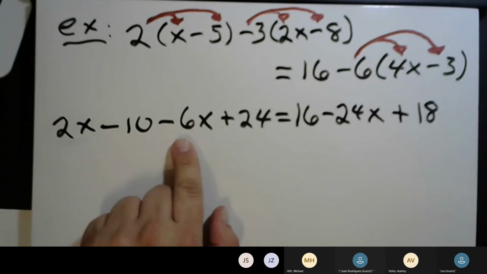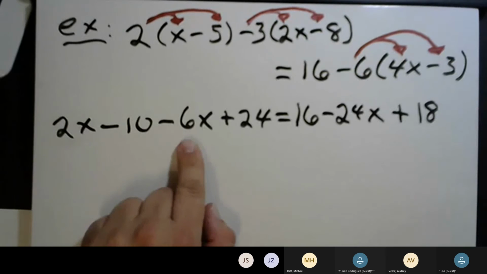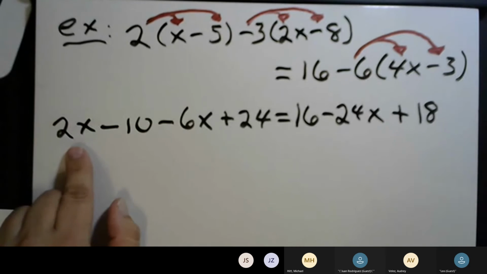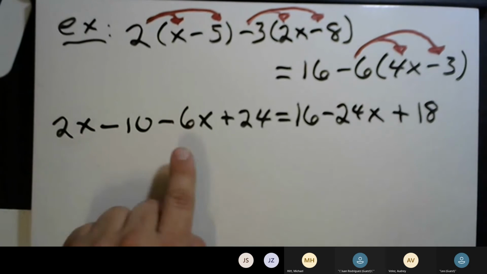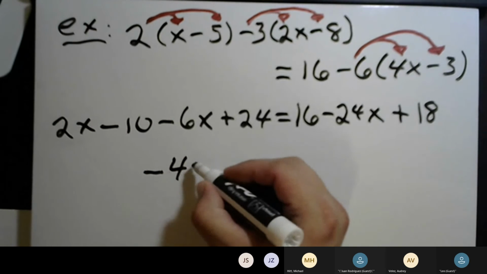2x, a negative 6x. So it's like you have $2, and golly, for some reason you owe somebody $6. So what that means is you're going to pay them the 2, you're still going to be short 4. Minus 4x.